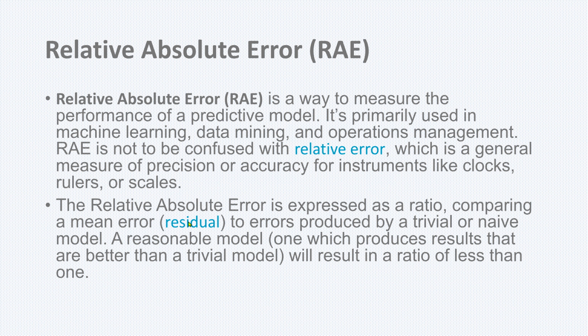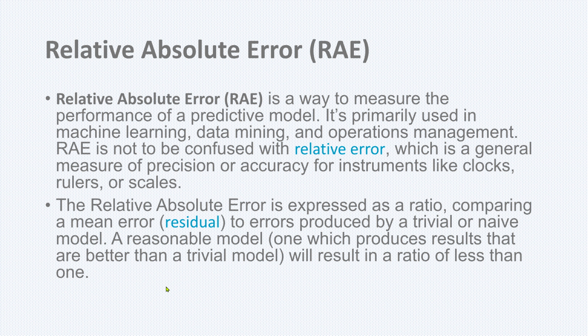The relative absolute error is expressed as a ratio comparing a mean error residual to errors produced by a trivial or naive model. So a reasonable model, one which produces results better than the trivial model, will result in a ratio of less than 1.